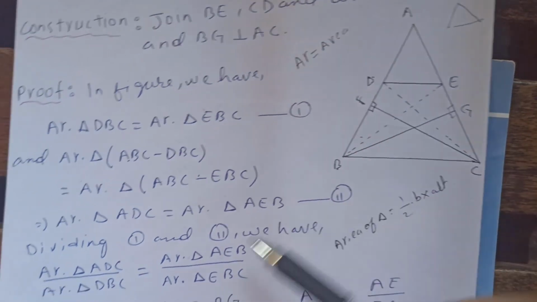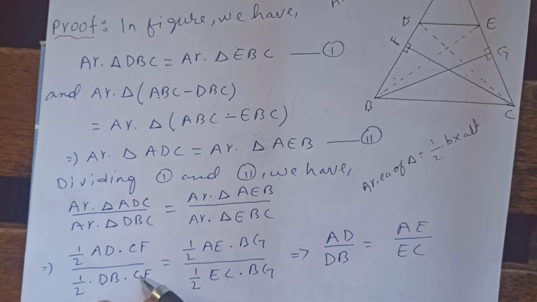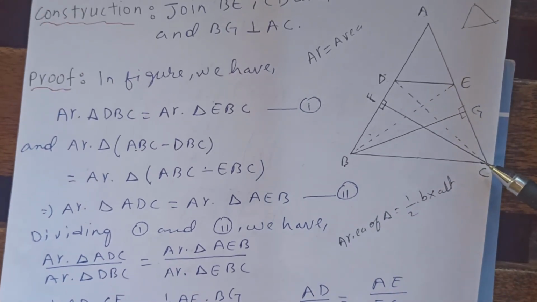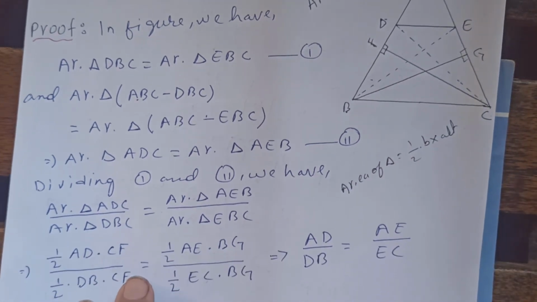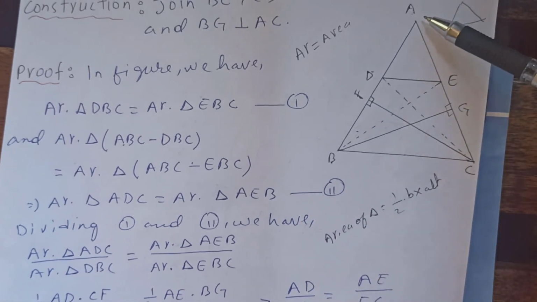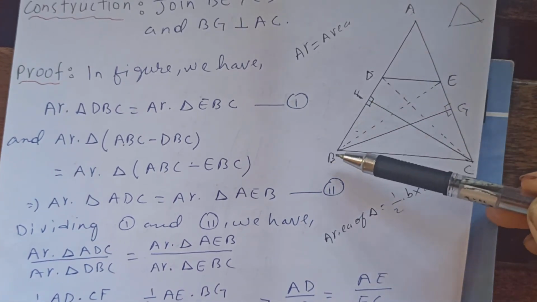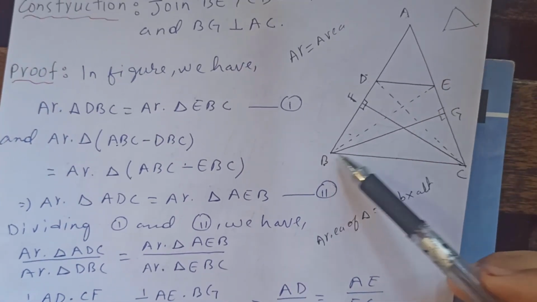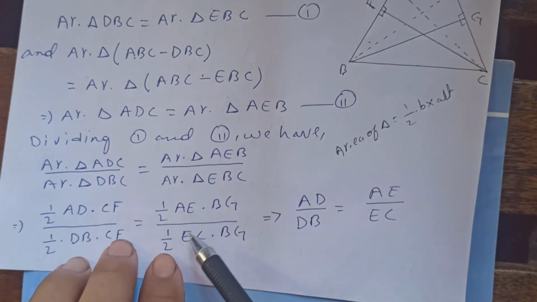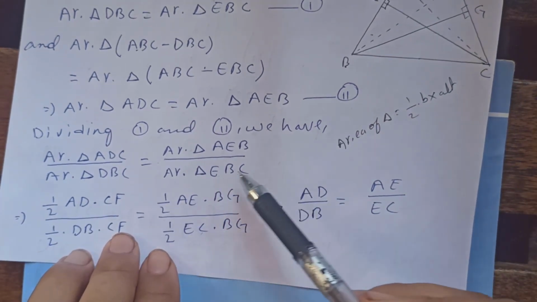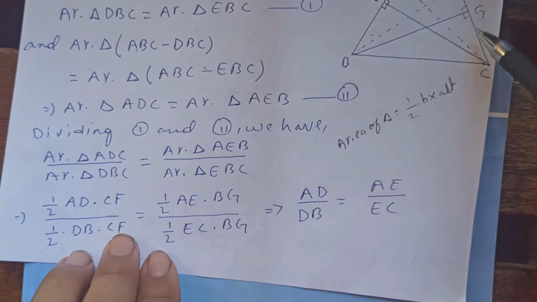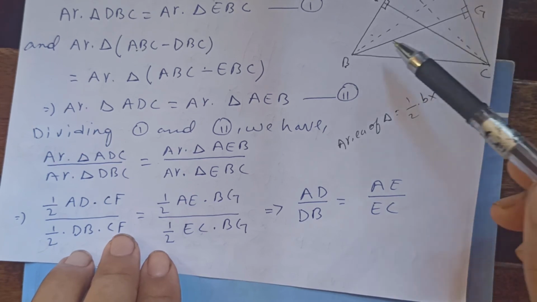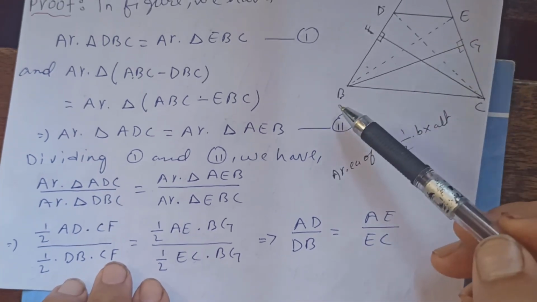Half into DB into, here also the altitude will be CF again. And the area of triangle AEB, the base will be AE, so half times AE into the perpendicular distance BG, upon the area of triangle EBC, which is half into EC, the base, and the perpendicular distance BG. This BG.